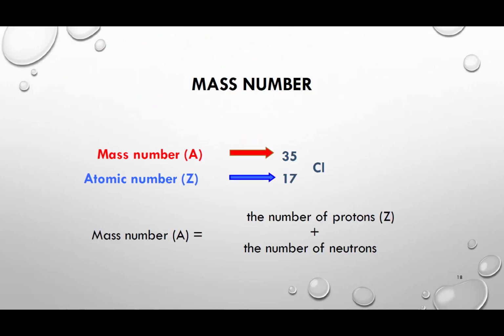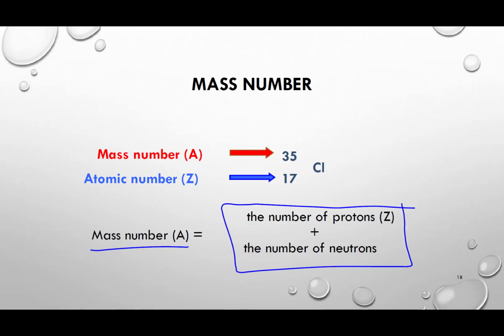Now, mass number: it's the number of protons and the number of neutrons. It's the combination of the number of protons and neutrons. Then if you look at the atom of chlorine, it has its atomic number, which is the same as the number of protons, 17.